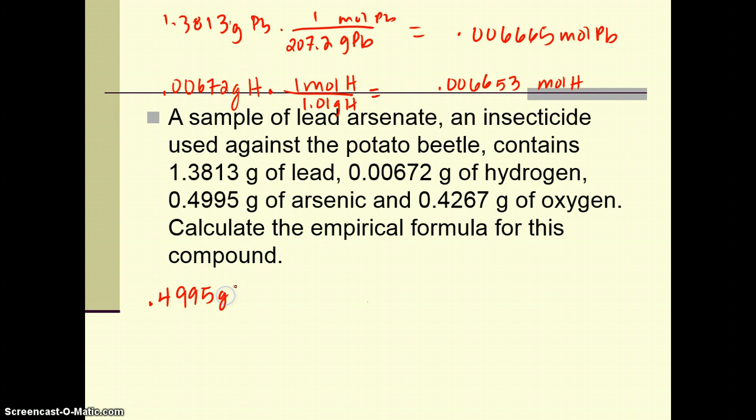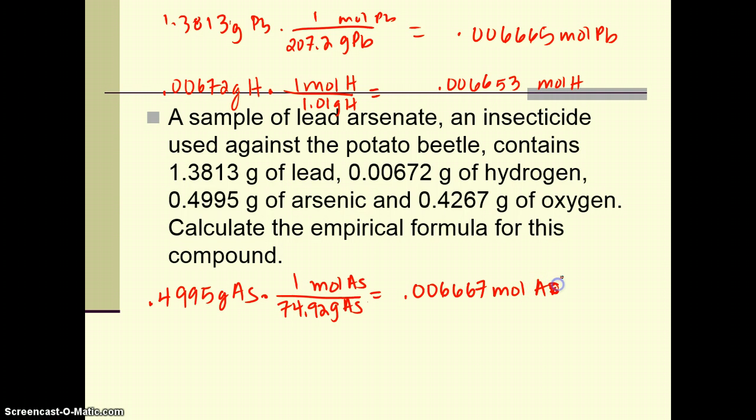I come down here, I have 0.4995 grams of arsenic times, getting rid of my grams of arsenic, converting to moles of arsenic, 1 mole, 74.92, and I get 0.00667 moles of arsenic.